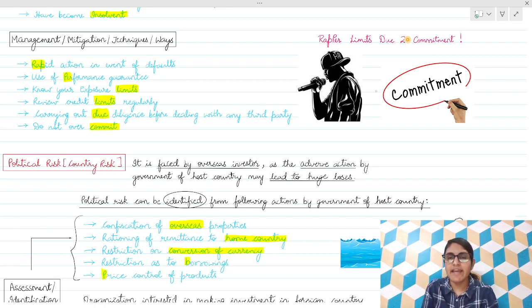Due is due diligence: carrying out due diligence before dealing with any third party. Limits: there are two limits, exposure limits and credit limits. Know your exposure limits and review credit limits regularly. Commitment: do not overcommit.